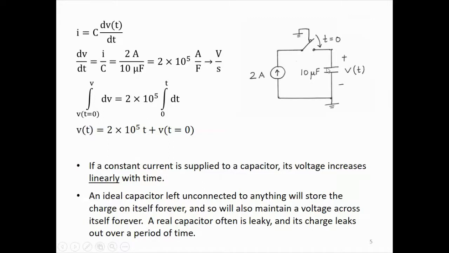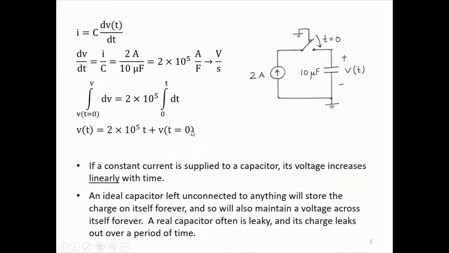And then the voltage increases as a function of time according to this equation. Of course, it is increasing because a positive current is flowing into the positive terminal of the capacitor plate. So the voltage is increasing with time.